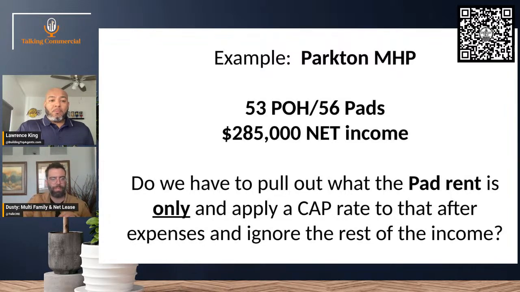So what we did is we did 3 things. Here's the pad rent, and here's a value based on the pad rent. Here's how much the park owned homes are worth, right? And we multiplied it out. Got it. $15,000 or so. And then we stacked that value on top. And we said, look, $85,000 of this whole income is on the delta between those two, the pad rent and the rent you're getting for park owned homes.